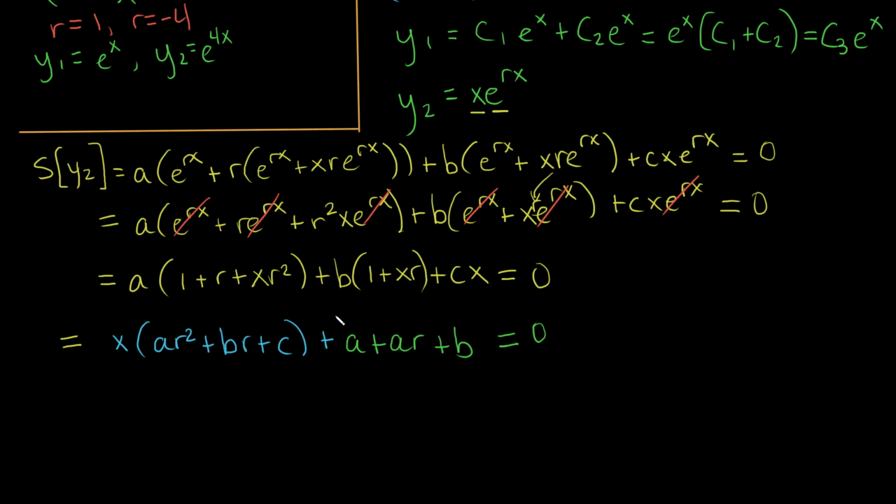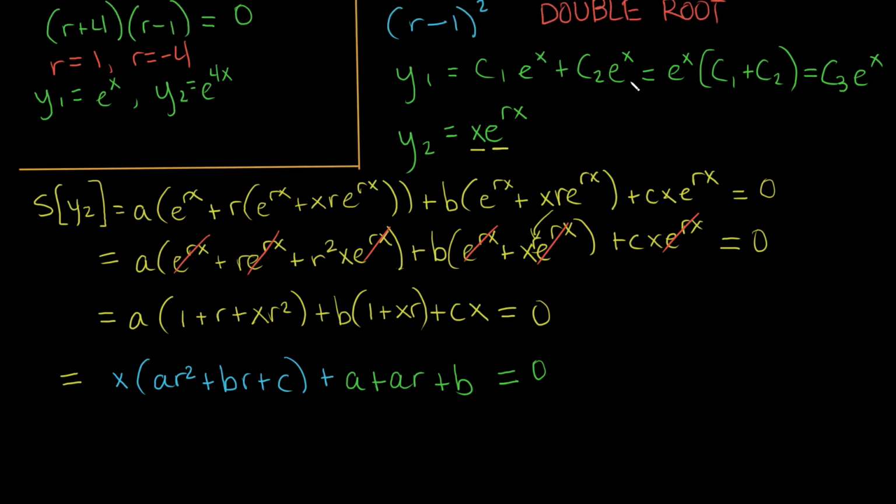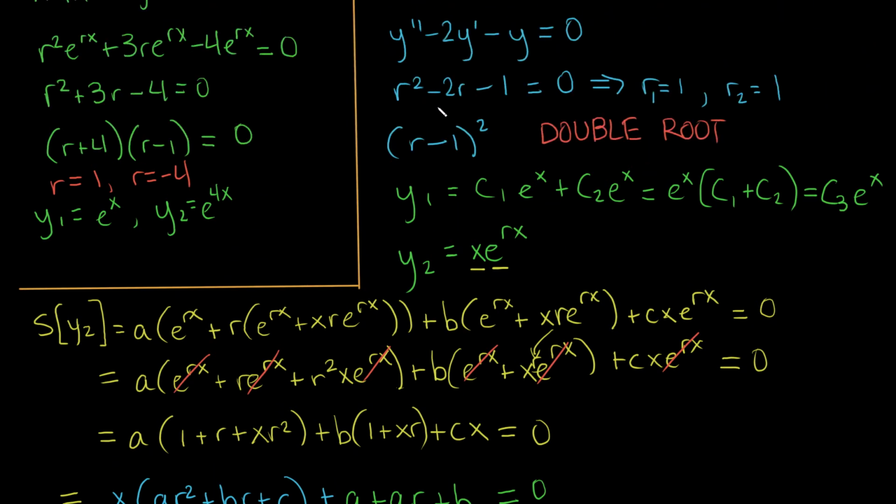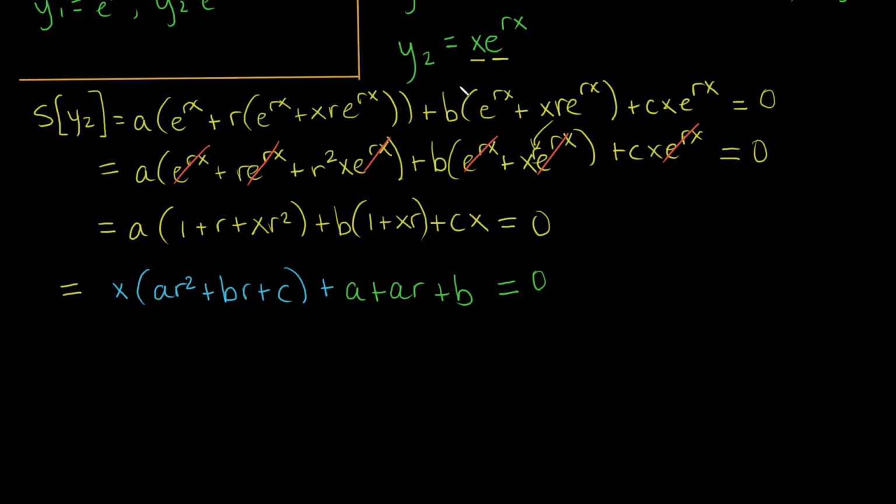We chose r to be a solution of our characteristic equation. So it is necessarily true that ar squared plus br plus c equals 0. This must equal 0 by definition of r.